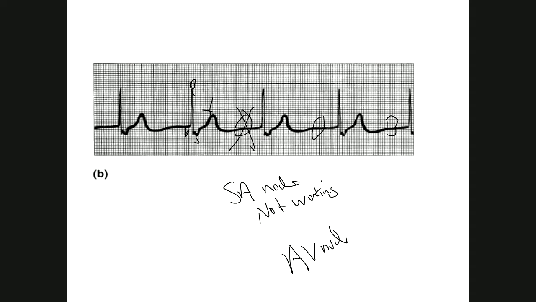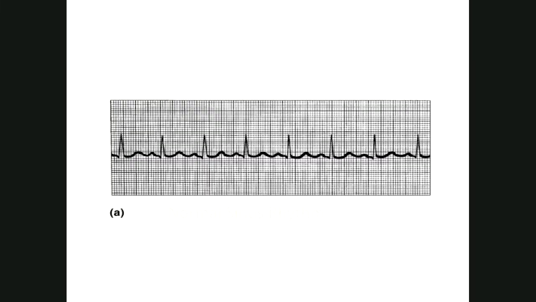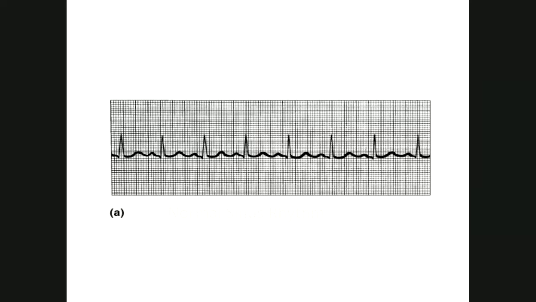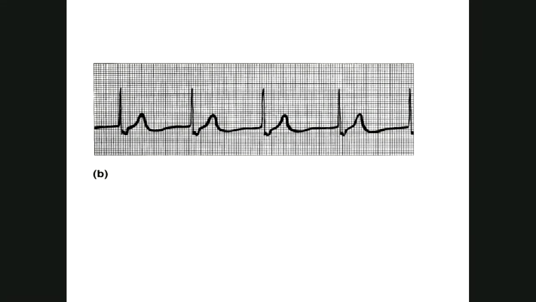And if you count how many of these beats there are in a minute, you think it's as many as this is in a minute? It's a lot fewer. This person probably has a heart rate of around 40 or something. And so this person, even though their heart is beating, 40 is not enough to supply all of your needs.